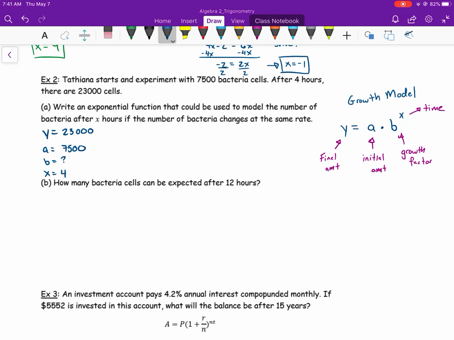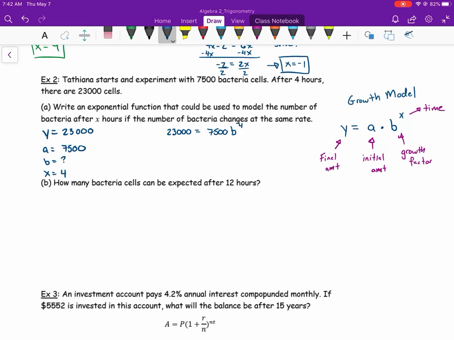Okay. So we have 23,000 is equal to 7,500 times b, well, not to the x because we know x, b to the 4.